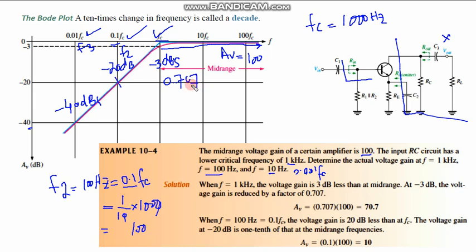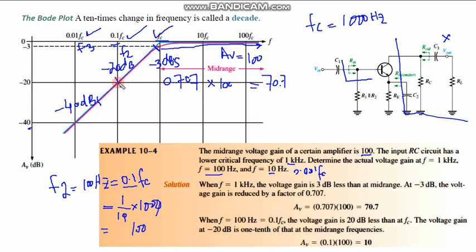So 0.707 times 100 is 70.7. The voltage drops to about 70.